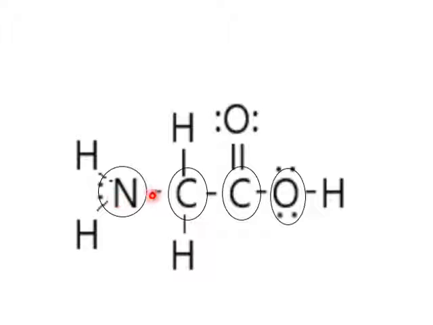So nitrogen has 3 bonds and 1 lone pair, so that's good. That's what it's supposed to have. Each carbon should have 4 bonds. This carbon has 4 bonds: 1, 2, 3, 4. Oxygen should have 2 bonds and 2 lone pairs. There's 2 bonds, 2 lone pairs, 2 bonds, 2 lone pairs, and hydrogen has 1 bond.